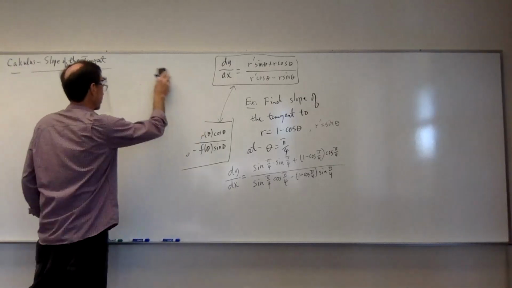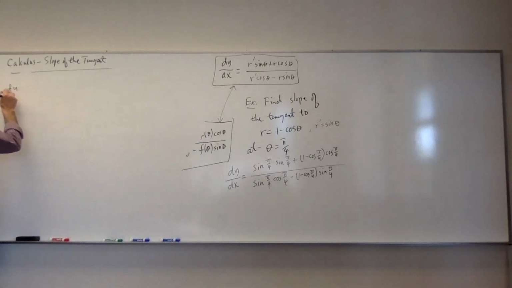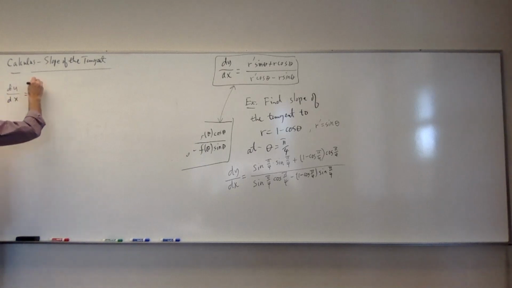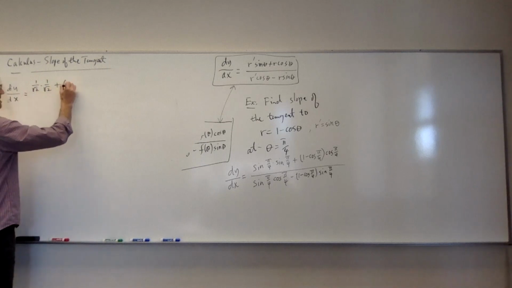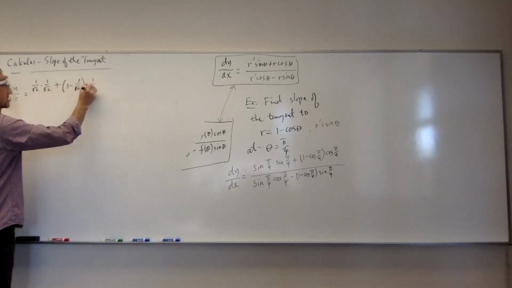What is sine of pi/4? Yeah, 1 over square root 2 or square root 2 over 2, however you like to write it. I'm going to pick the first version. I see a lot of squares going on, which I'm going to like. 1 minus square root of 2 times 1 over the square root of 2.